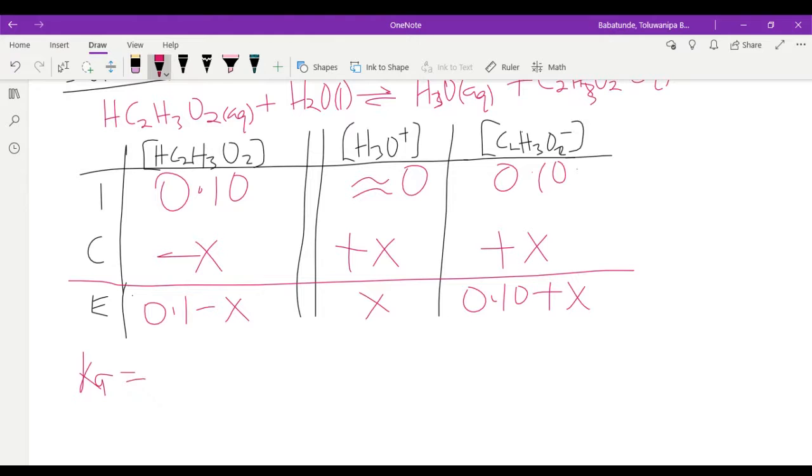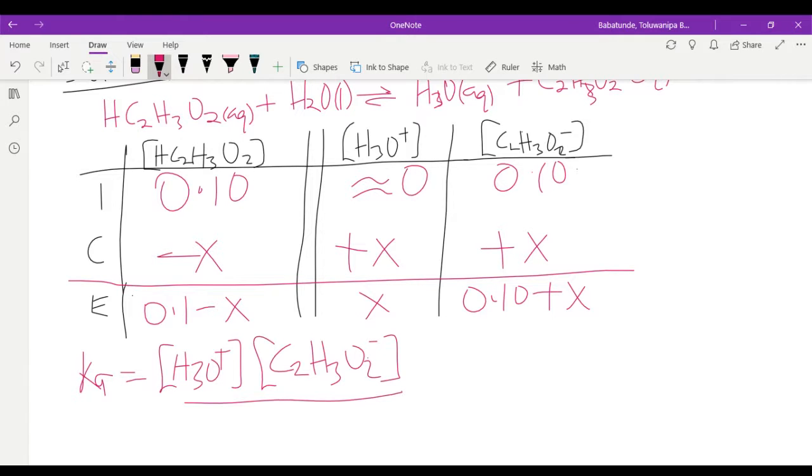As usual, it is our products, the hydronium ion multiplied by our conjugate base, over our reactant, which is the acetic acid.